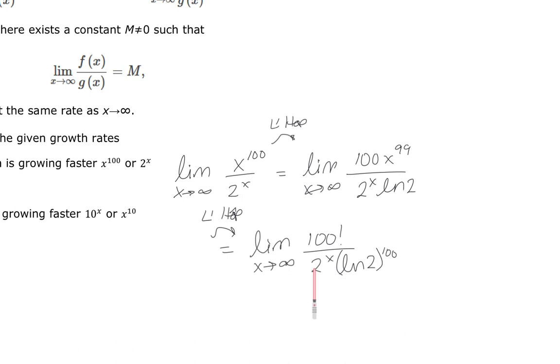Well, 2 to the x is still going to be much larger as x goes to infinity than 100 factorial. I'm not saying 100 factorial isn't large, but 2 to the x will eventually dominate, so this will go to 0, which means 2 to the x is the one that dominates, and it grows faster.